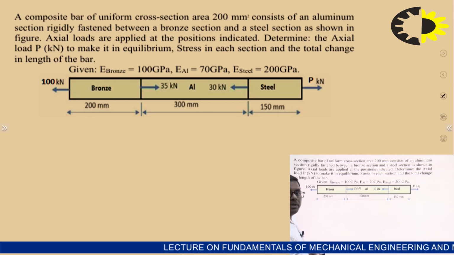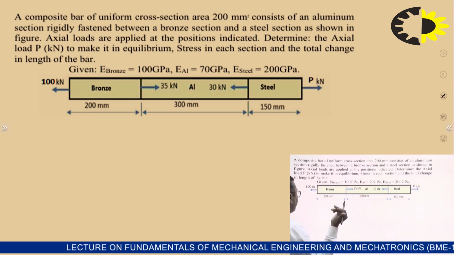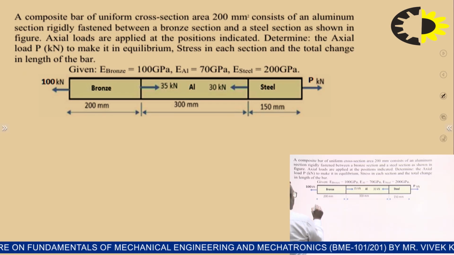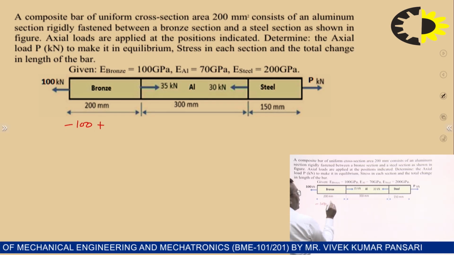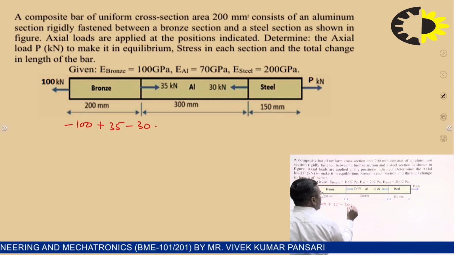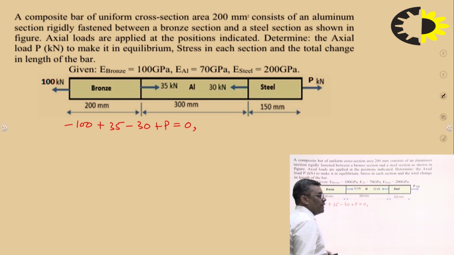What we have to find out? We have to first find out the P. So for the equilibrium of this bar, we can write that minus 100 plus 35 minus 30 plus P equals to 0. What is it coming out?